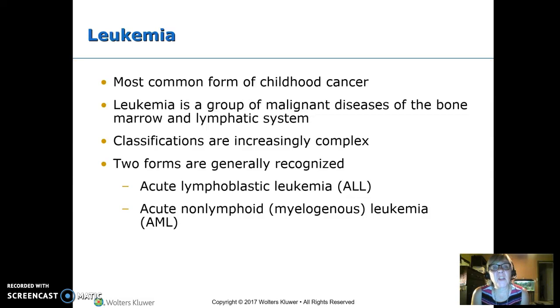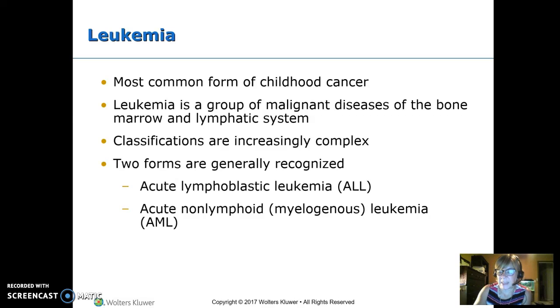First we've got leukemia, and this is our most common childhood cancer. It's a cancer of the bone marrow and then the lymphatic system. We used to just talk about ALL or AML as the two types, and of those two, ALL has better survival rates, but they're starting to get much more specific and complex in the classifying.